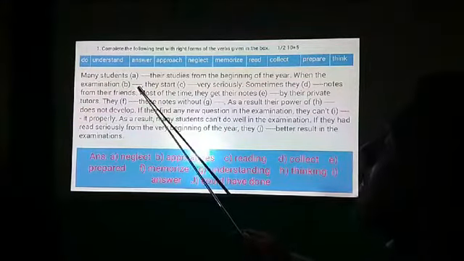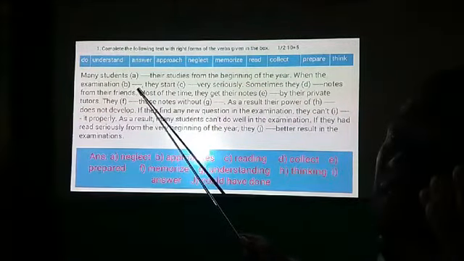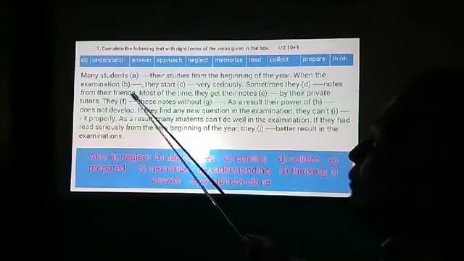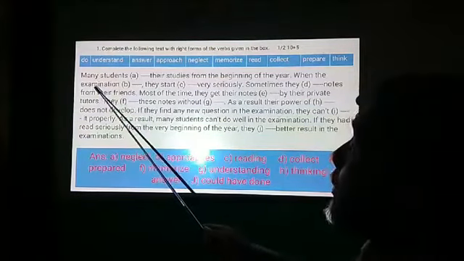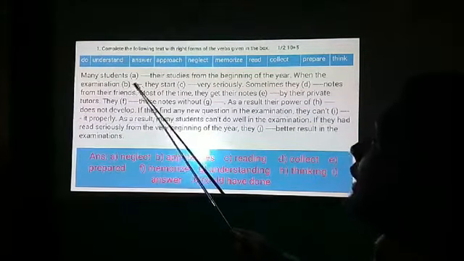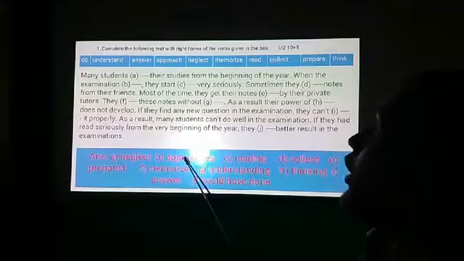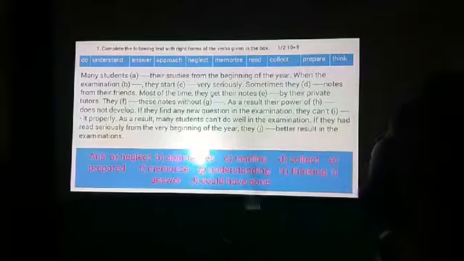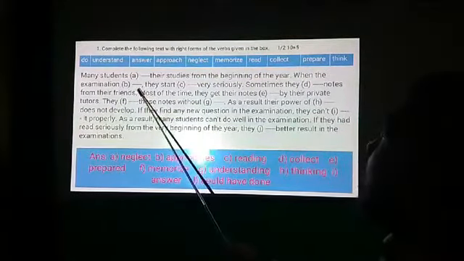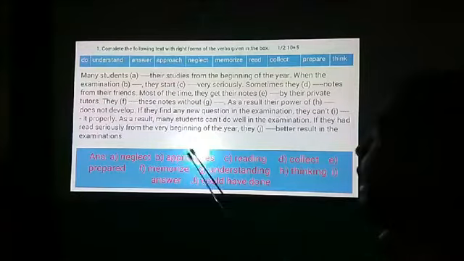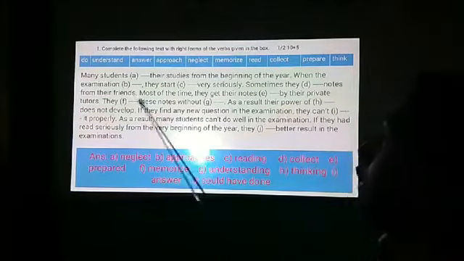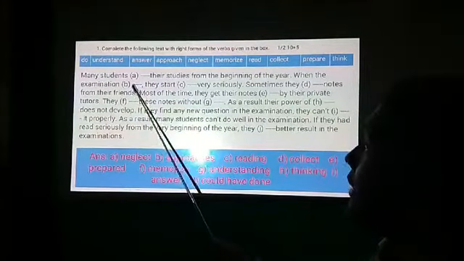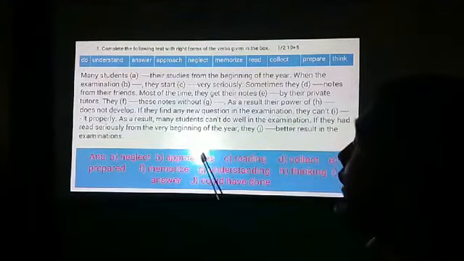Then number: examination is third person singular number, so I have to use s or es. Okay. Then I have to consider tense. Again, when the examination approaches, this is a universal or habitual fact, so it is present indefinite tense and it is in the active form. So the answer is right.